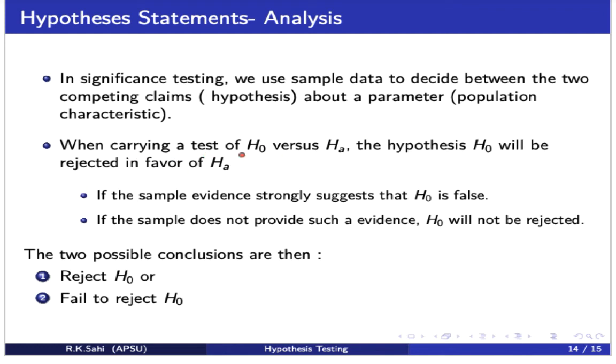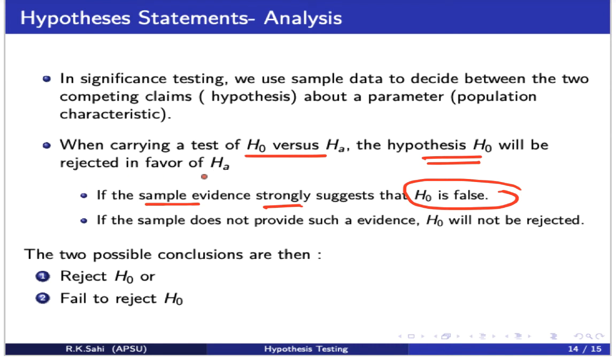So when we test a null hypothesis versus the alternative hypothesis, the null hypothesis is an established claim. This is assumed to be true. Now this is going to be rejected in favor of the alternative only if the evidence we get from the sample suggests very, very strongly that the null hypothesis is false.